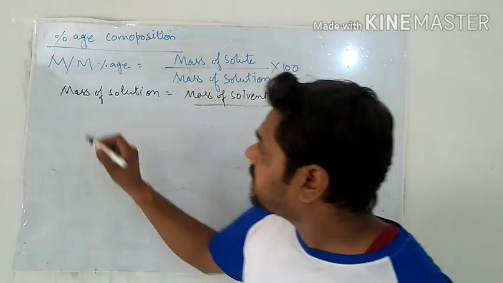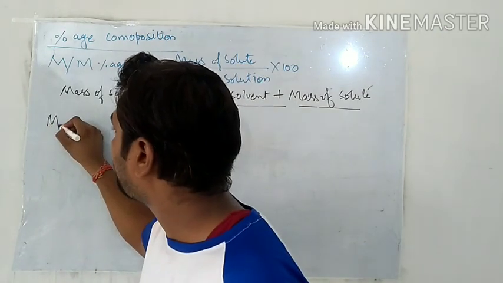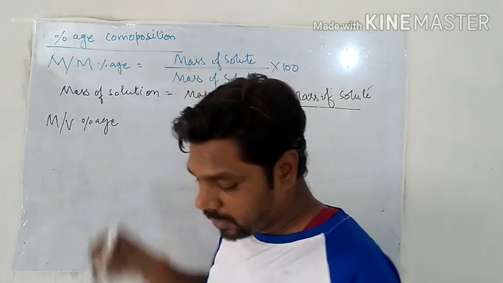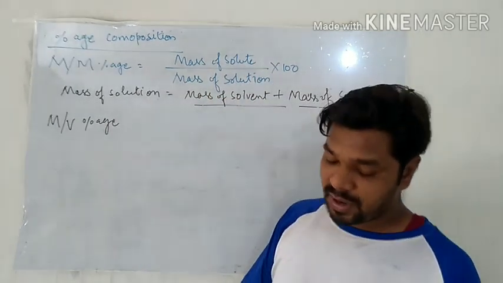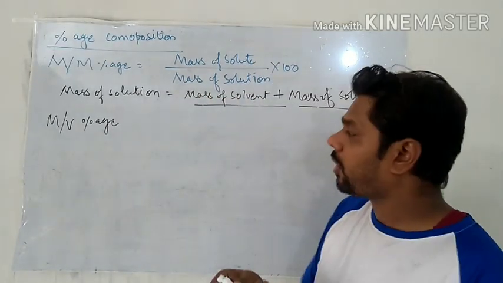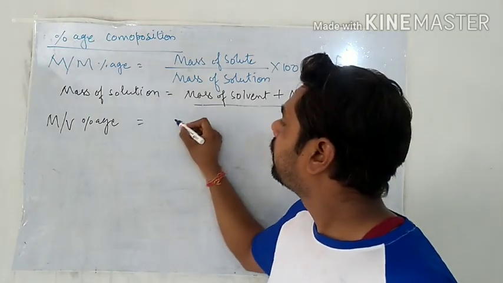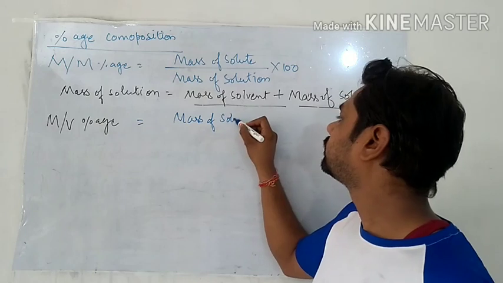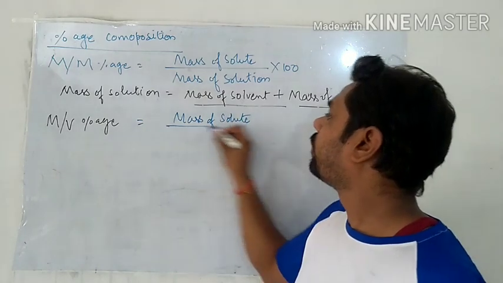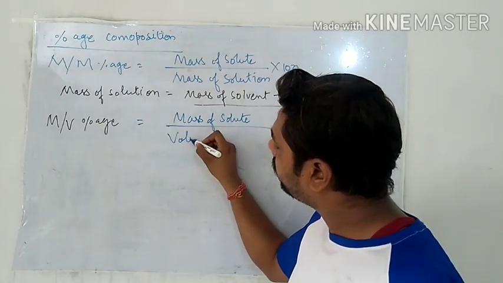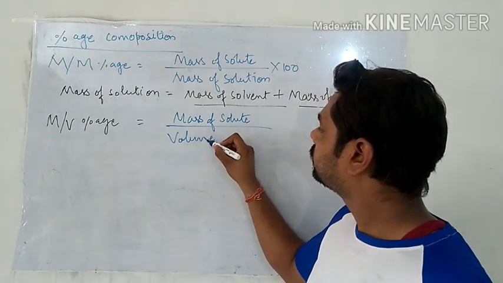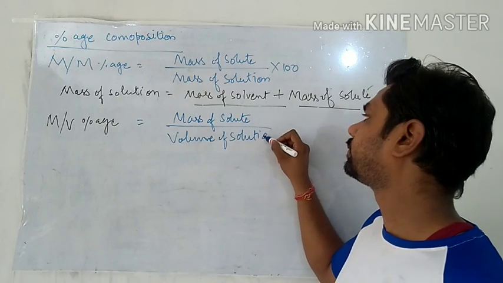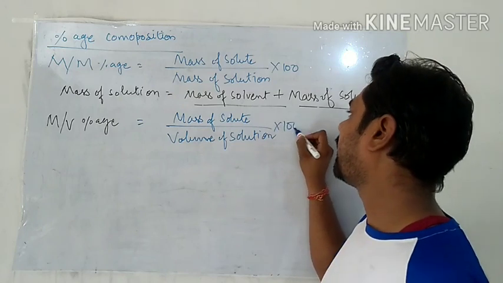Okay. Next is mass by volume percentage. A mass by volume percentage means we are talking about mass of solute over volume of solution, multiplied by 100.